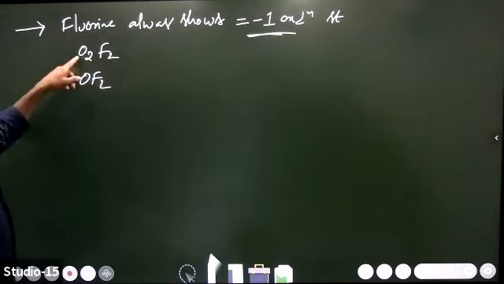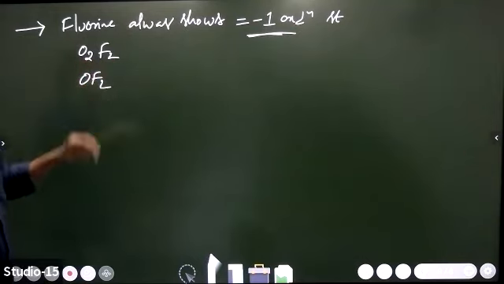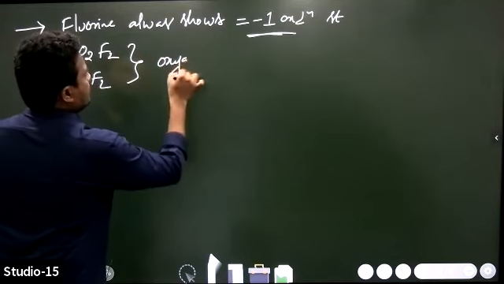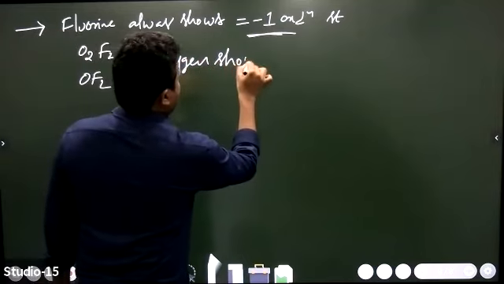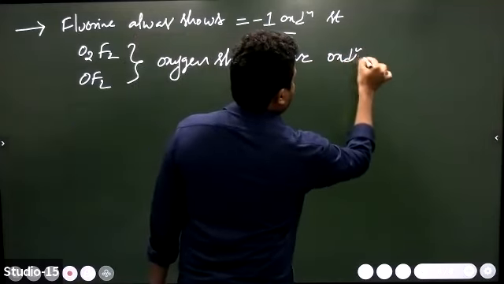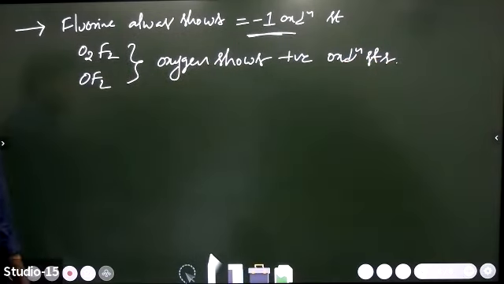So in O2F2 and OF2, due to this reason, oxygen shows positive oxidation states.